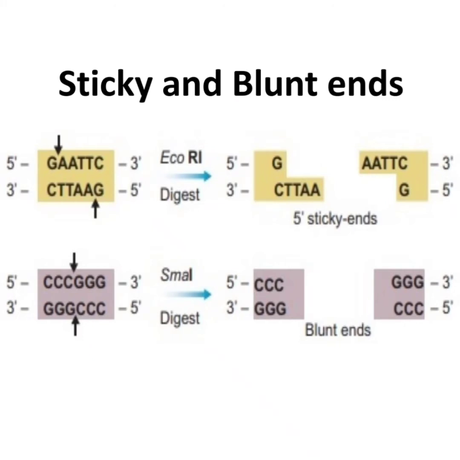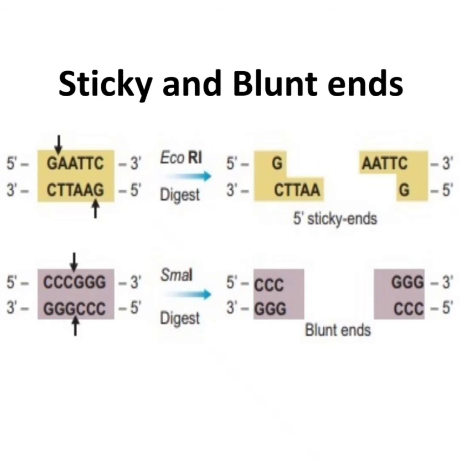The sticky ends 5' GAATTC 3' is one strand, and the complementary strand 3' CTTAAG 5'. When the enzyme EcoRI is used to digest, the break occurs between G and A in the above strand and between A and G in the complementary strand.